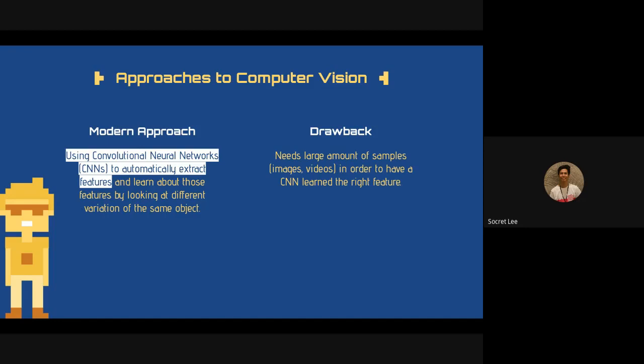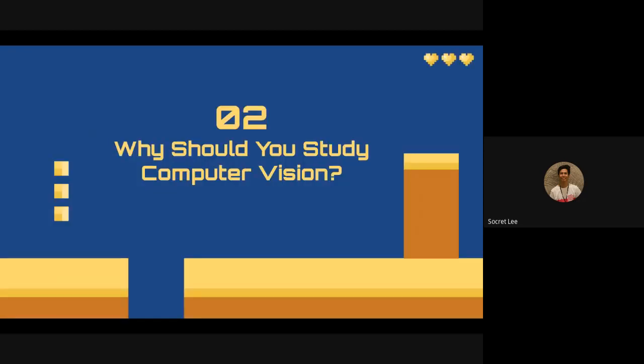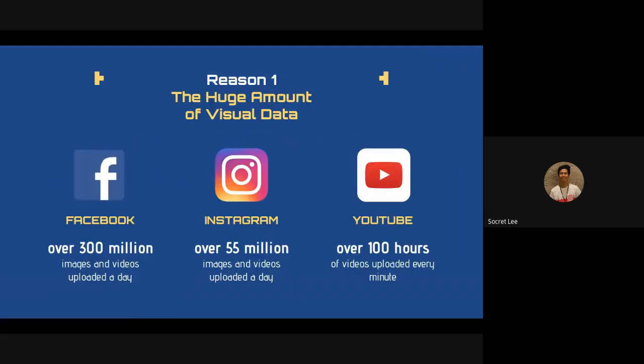And so this is the overview of computer vision that I told you about earlier. Now I want to tell you a few reasons why you should study computer vision. And the first reason is that there is a huge amount of visual data that exists in the world.